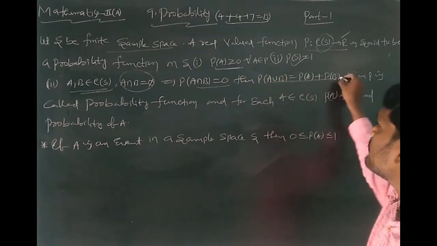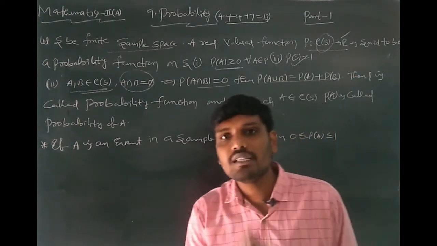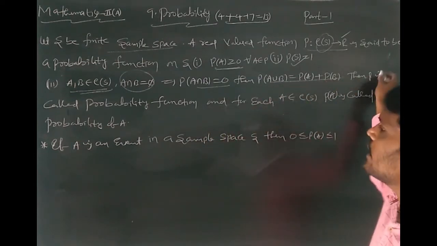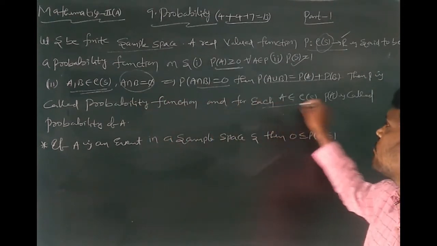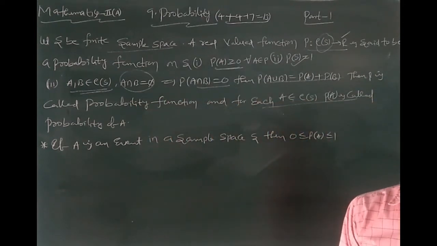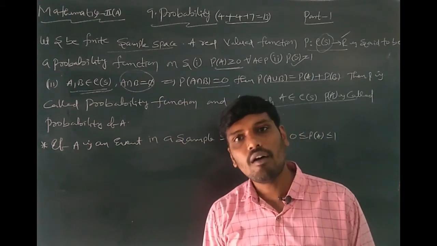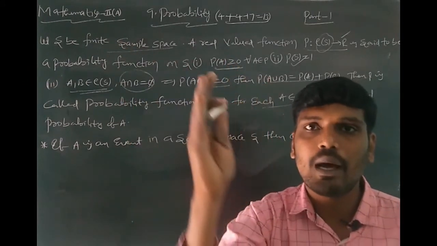Then P of A union B equals P of A plus P of B. Then P is called a probability function, and for each A in the power set of S, P of A is called the probability of A. This is the condition of the probability function.